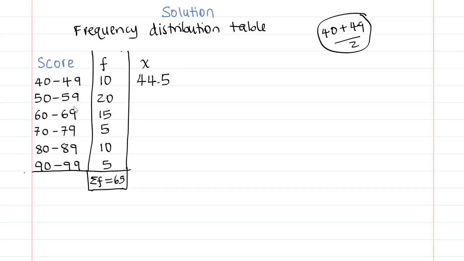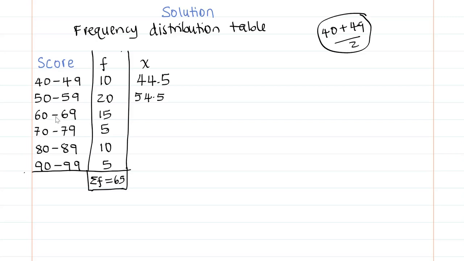And then you go to the second interval, 50 plus 59 divided by 2. That is the midpoint, like we are getting a number midway between 50 and 59. And that gives us 54.5. And it continues for the rest of the numbers. 60 plus 69, we get the answer and divide by 2.